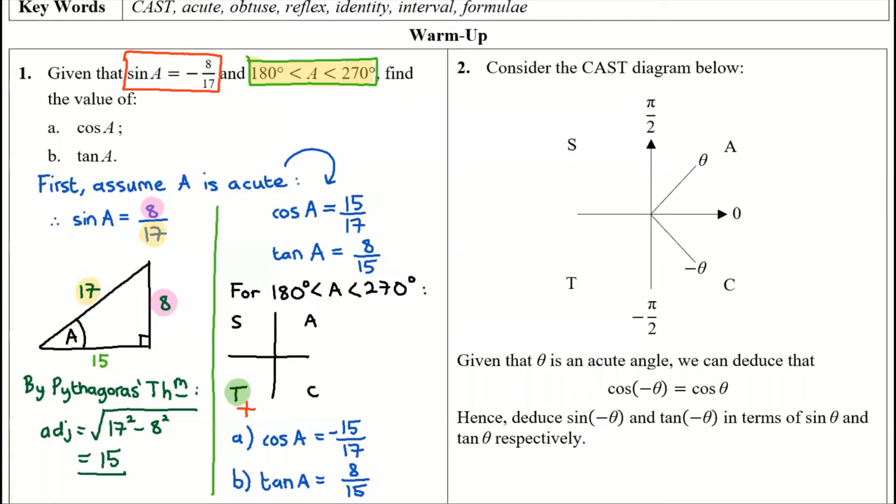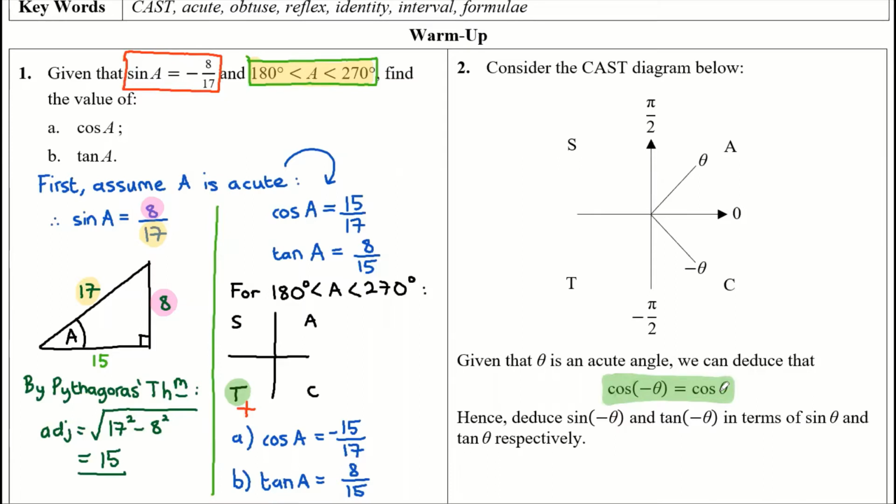So for question 2, we've got this situation where we can see from the cast diagram that the cosine of negative theta, as we're going clockwise around the cast diagram, gives this result. Now, you don't need the cast diagram for this. Because cosine is symmetrical about the y-axis, the cosine of the negative angle must correspond to the cosine of the positive because of the symmetry.